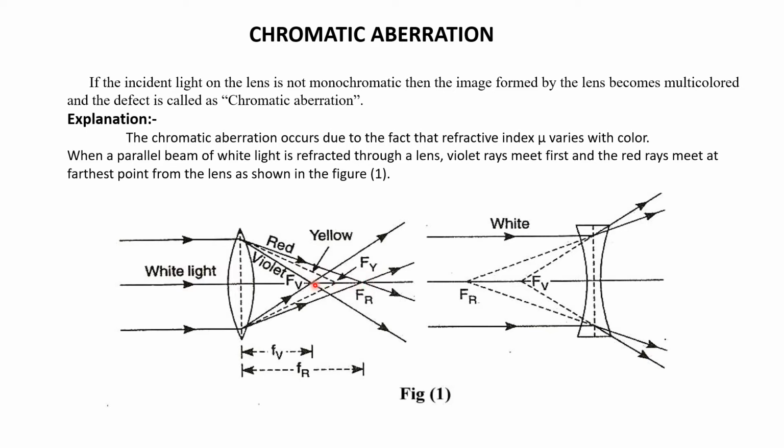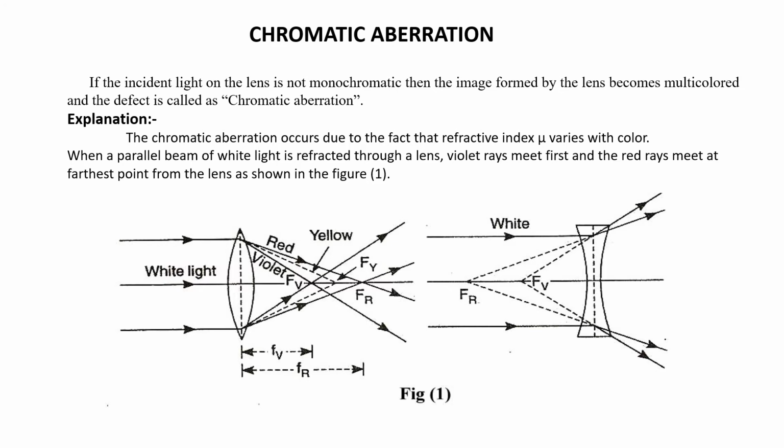If a screen is moved between this point and this point, then the image is not clear, which means the image is blurring, and this defect is said to be chromatic aberration. So here, for one object there must be one image, but we are seeing two images, which means the defect. If you use a concave lens, then here also you can observe chromatic aberration.